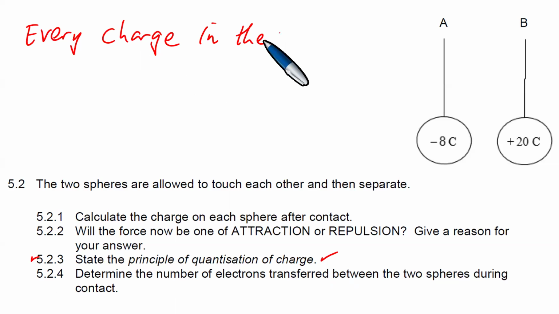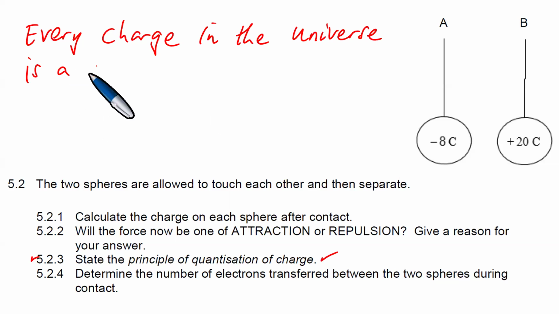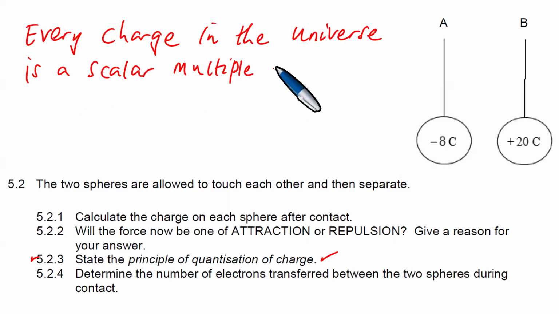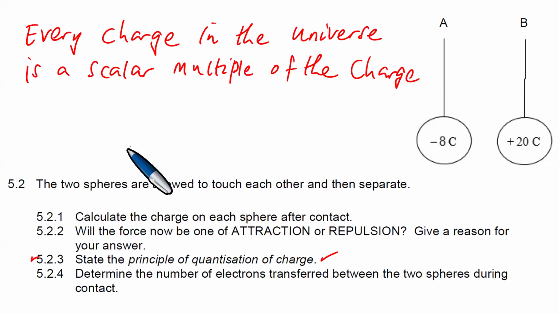So every charge in the universe, this is the principle. Every charge in the universe is a scalar multiple of the charge of a single electron.